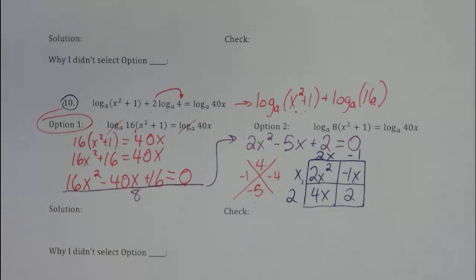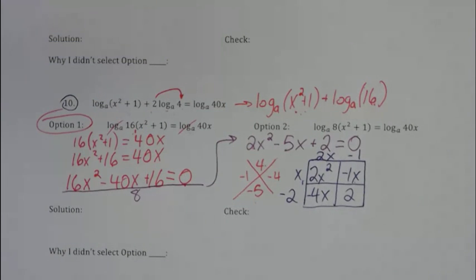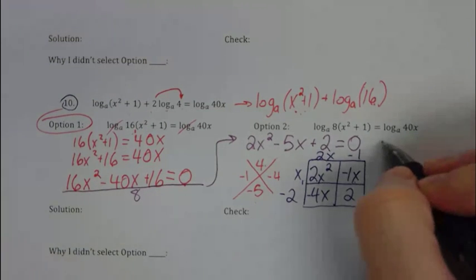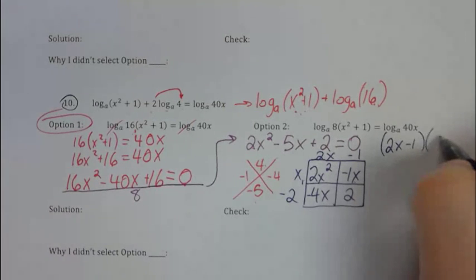And that should give us an answer. Oh, this is supposed to be a negative 4, so negative 4x right there. And then that means this 2 has to be negative as well. And so our equation would factor into 2x minus 1 and x minus 2 equal to 0.